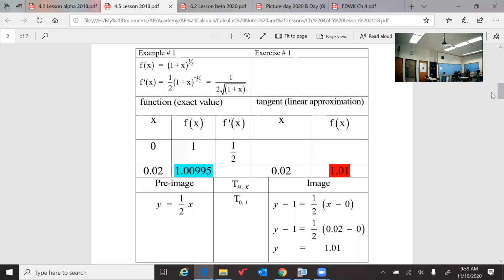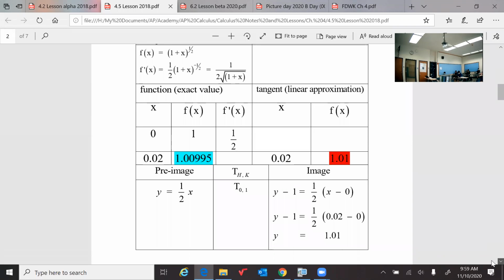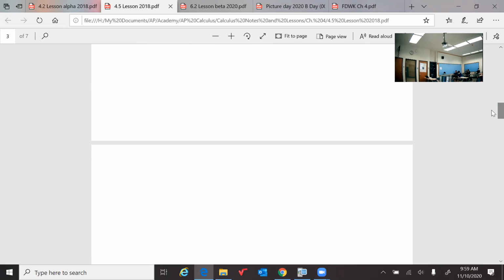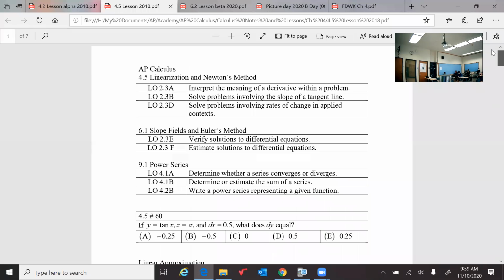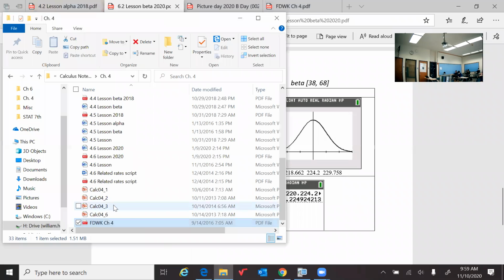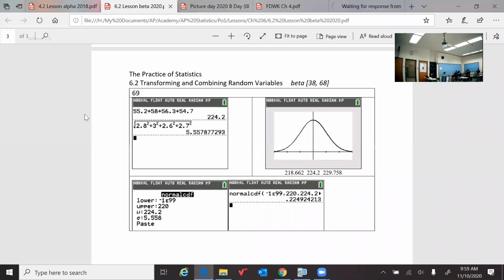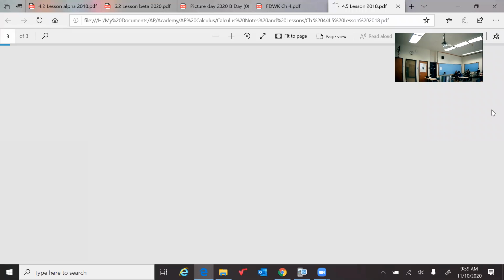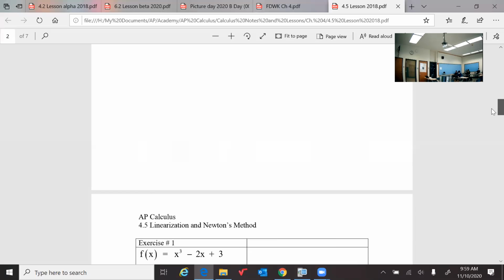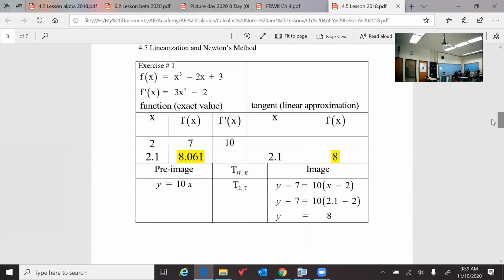Okay, so for problem number 1. Here's your derivative.